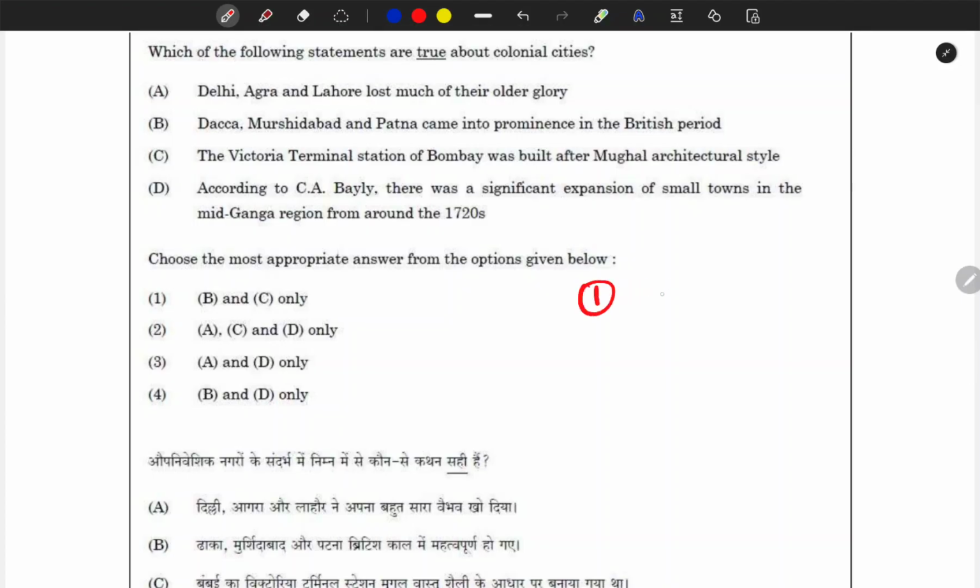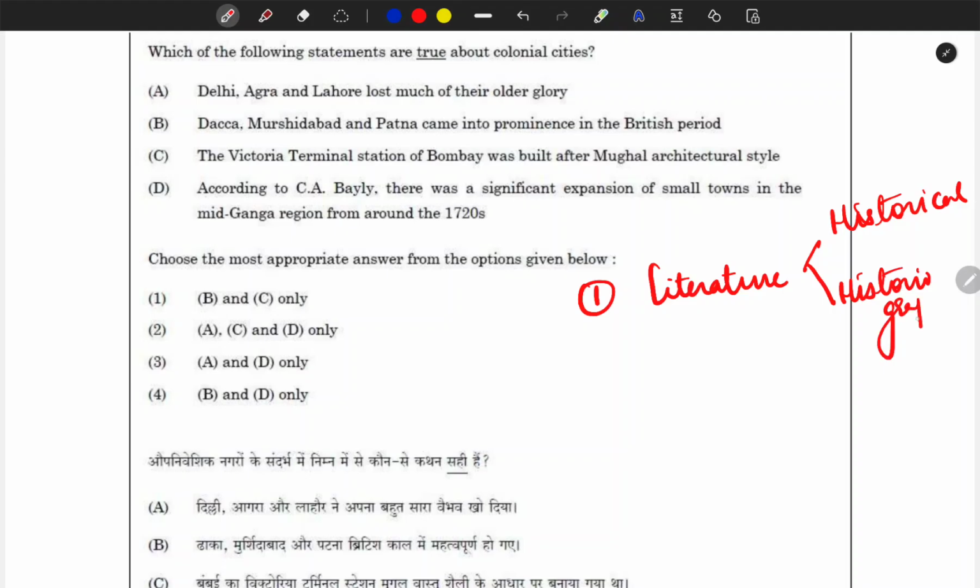First thing, literature of 2 kinds, historical and historiography. You have to go through this. There were more than 10 questions from this part, out of only 50 questions. So this should be the first priority.